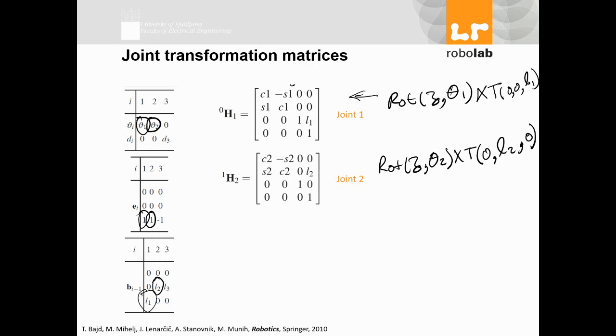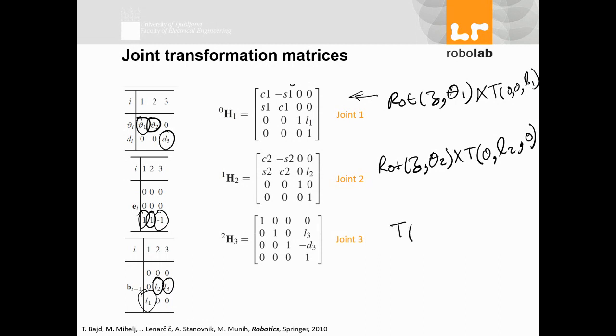And for the third one, I don't have any rotation. It will be just a linear or translational movement with D3 alongside negative Z, and also a fixed length alongside Y again.